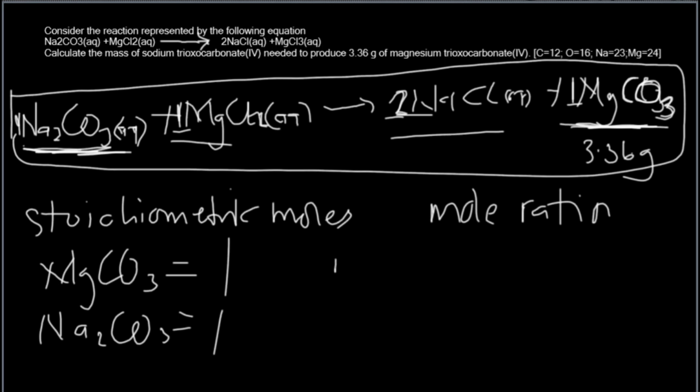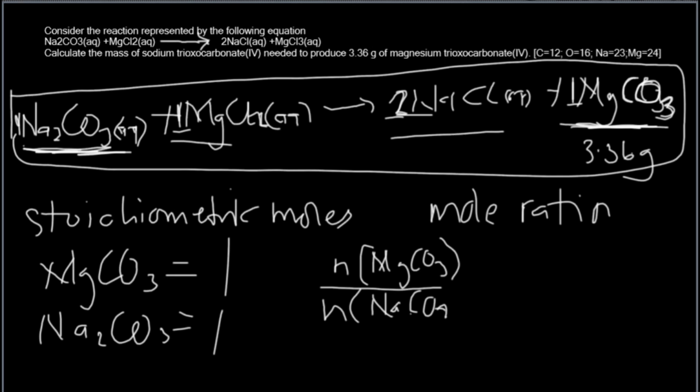So you compare their mole ratio. The moles of magnesium carbonate over the moles of sodium carbonate is 1 to 1, because magnesium carbonate is 1 and sodium carbonate is 1 based on the balanced chemical equation.